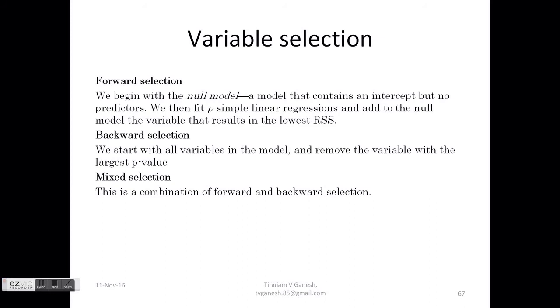There's another way of determining which variables are actually important in the response, and one of those is known as forward selection. In forward selection, we begin with the null model.